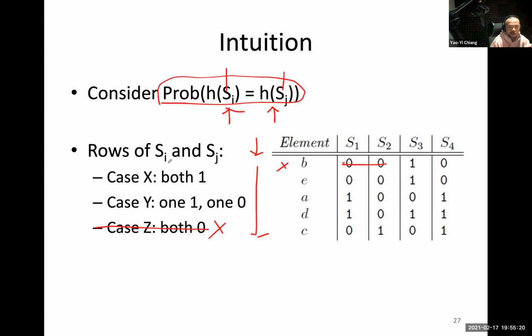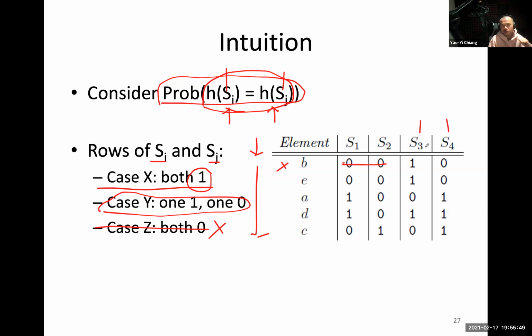And think about two documents. What would be the case when you do have these two signatures the same? The only time that you will be able to achieve this is you see a row where two documents have a 1 before you see any of these rows. So for S3 and S4 to be the same, you want to see this row before you see this, or this, or this, or this.